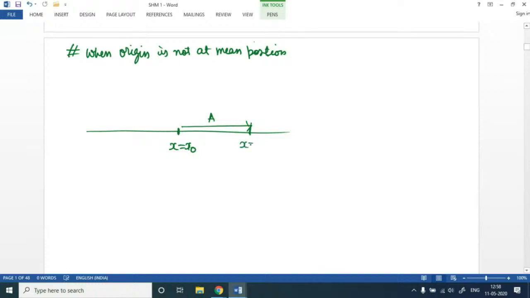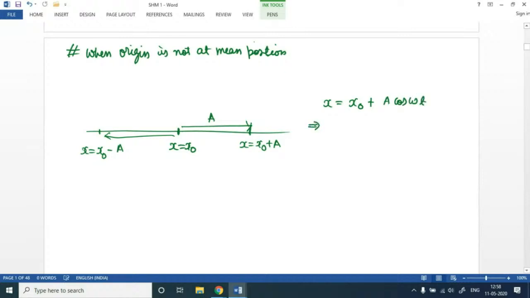So this extreme position will have coordinate x is equal to x naught plus a, and the other extreme, since this is a, would be x is equal to x naught minus a. Okay, so here x as a function of time, you can simply represent as x is equal to x naught plus a cos omega t.